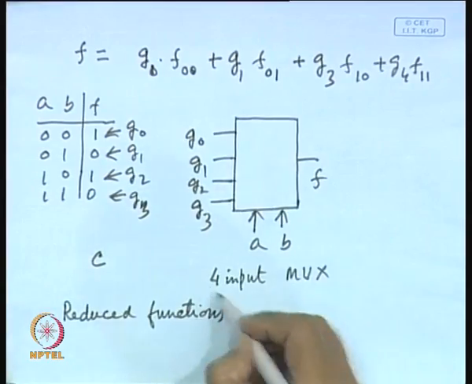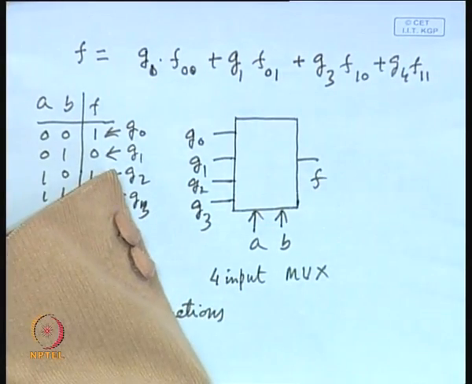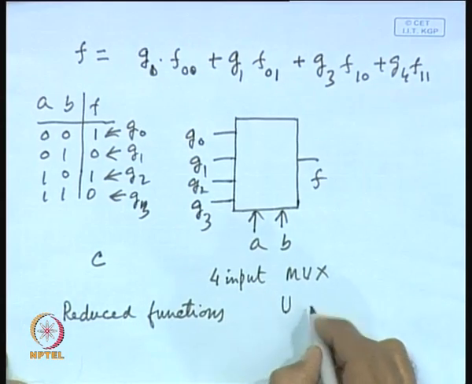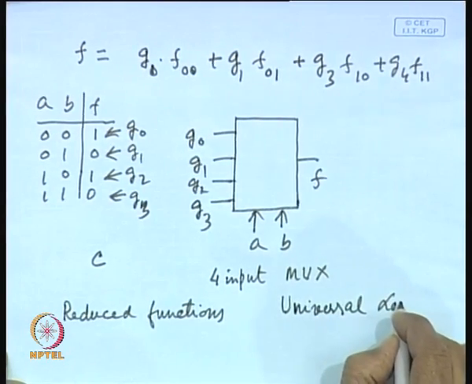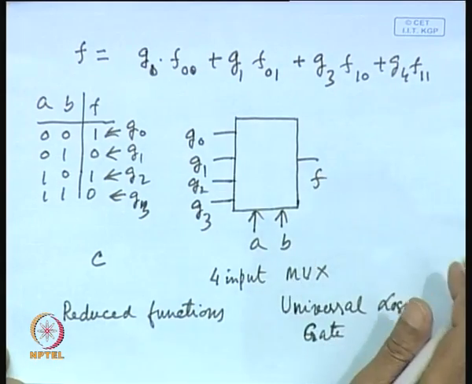So, you can realize functions in this way, and that is the reason why multiplexers are considered as universal logic gates, since they can realize any function. In fact, later on if you study FPGA, field programmable gate array, there are multiplexer based field programmable gate arrays by Actel.